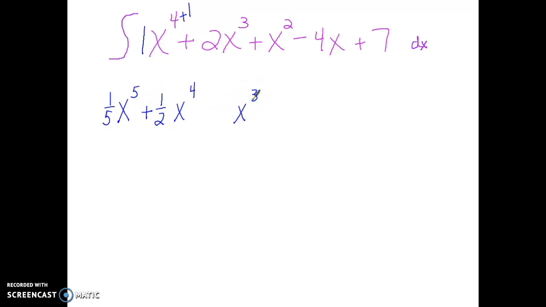In my third term, I originally had a coefficient of 1. I'm going to divide it by that 3, so that's a positive 1/3. My next term would be negative 4 divided by 2, which is a negative 2, so that's my new coefficient. And at the very end, I need to include my plus c.